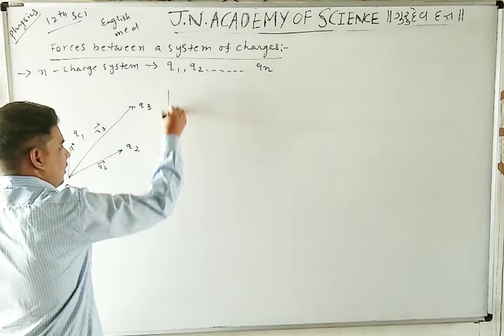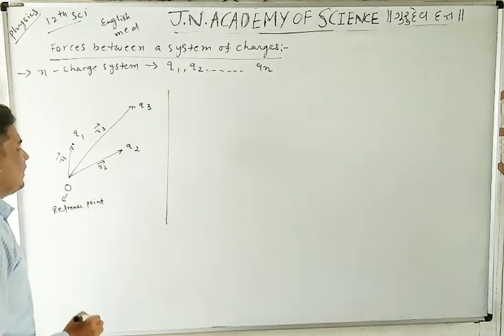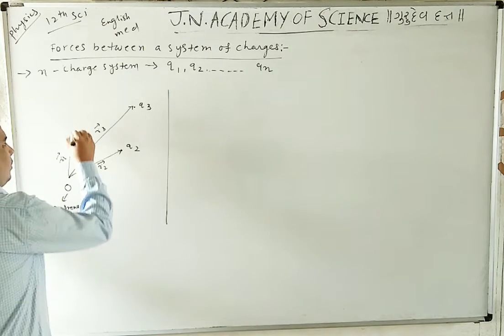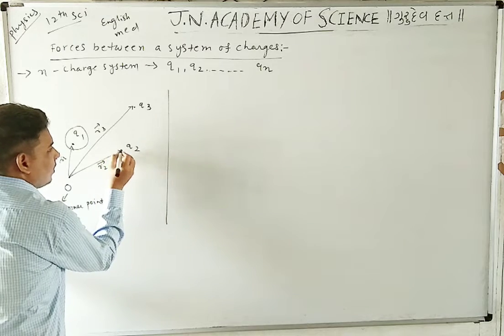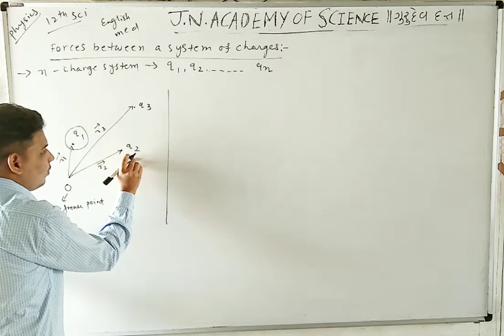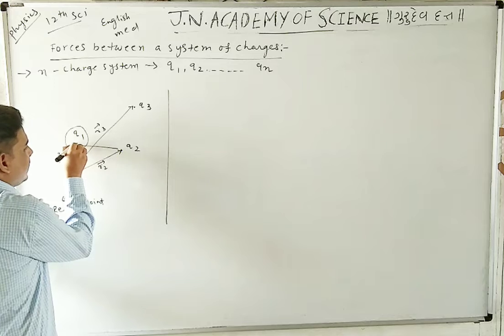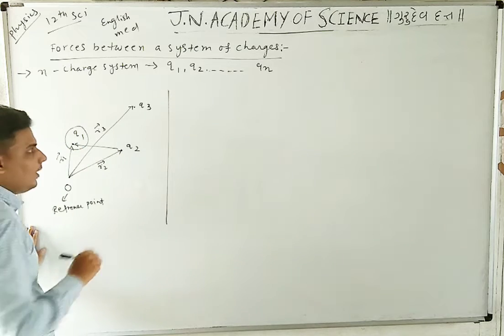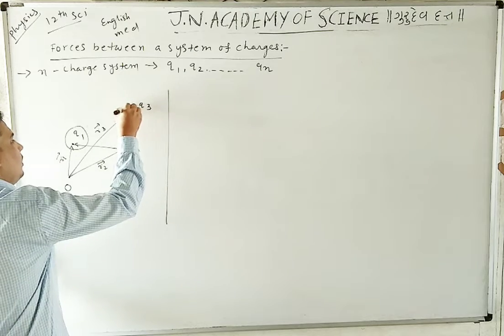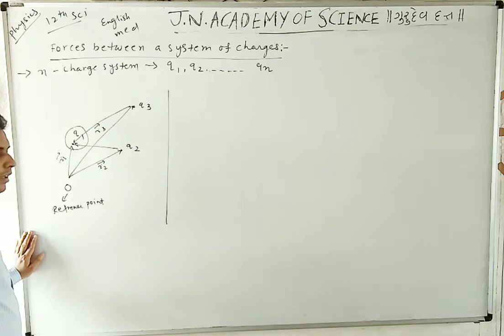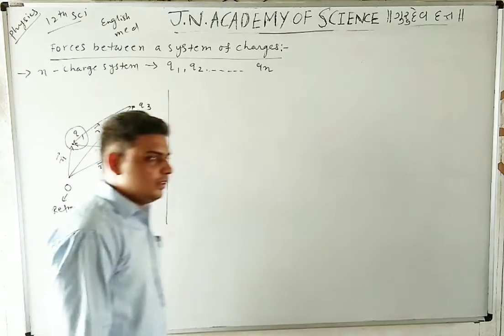So in this system, the force due to Q2 on Q1 is what we want to find, and the force due to Q3 on Q1. So the aim is Q1.